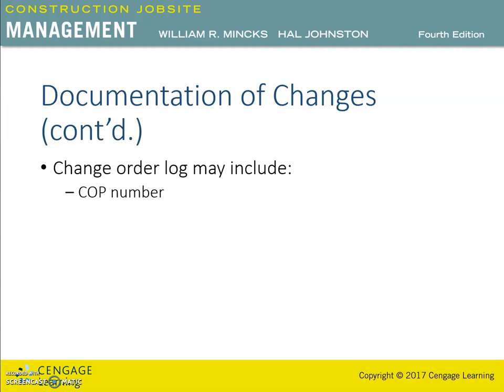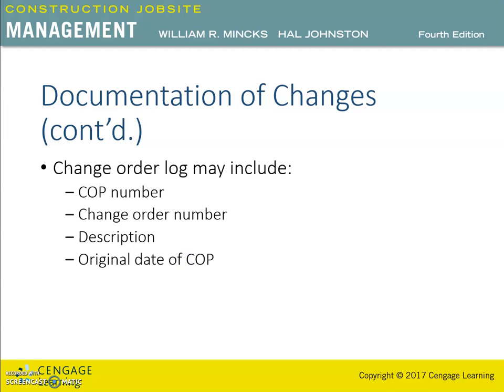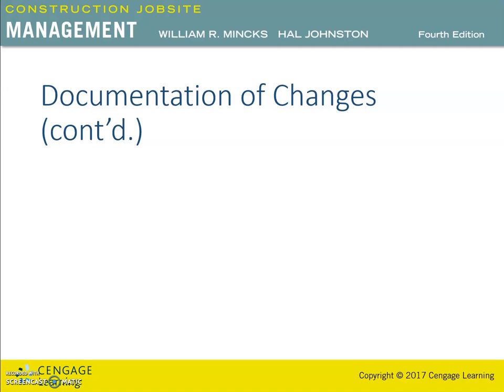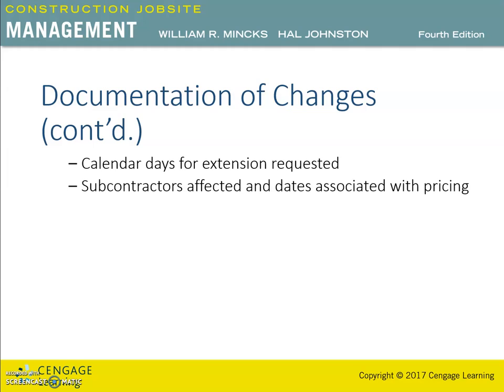For example, a COP number, that means the change order proposal number, a change order number after a formal change is issued, the description, original date of the change order proposal, who initiated the change, that means the individual and the company, price associated with the change order proposal, number of calendar days for extension of the contract, subcontractors that are affected, and dates associated with the pricing.